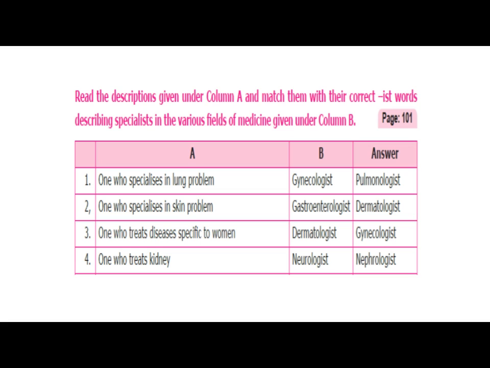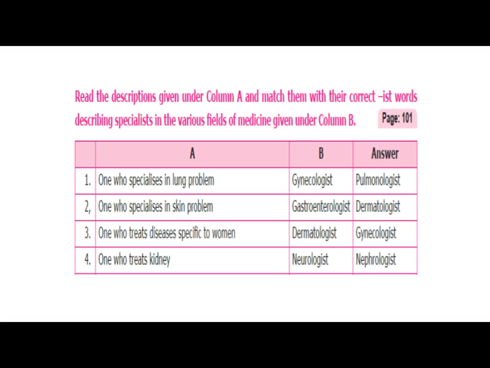Read the descriptions given under column A and match them with their correct words describing specialists in the various fields of medicine given under column B. One who specializes in lung problems is called a pulmonologist.